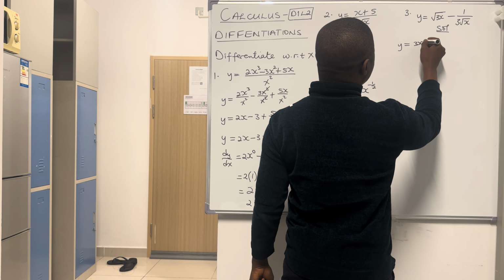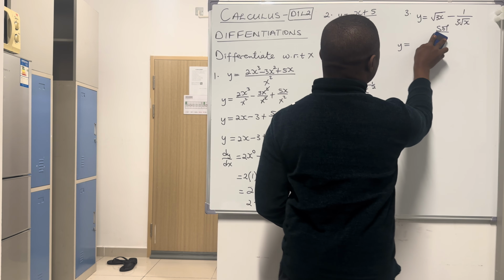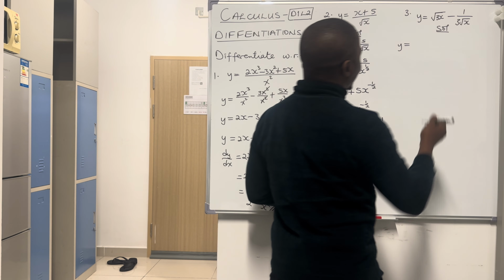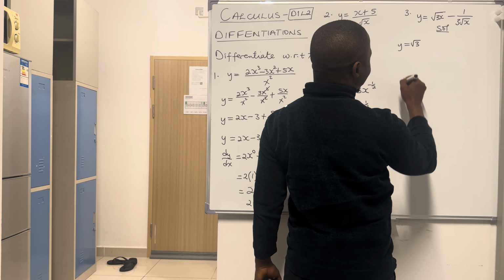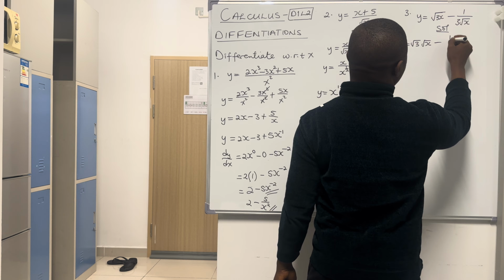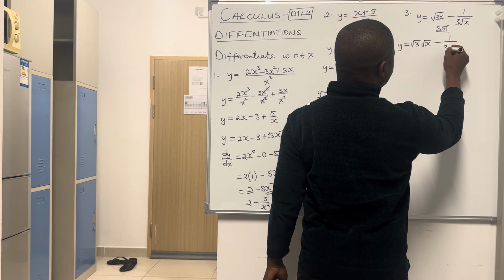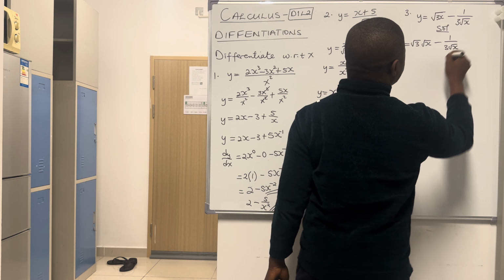Or if you want, we can say root 3 times root x, minus 1 over 3 root x.